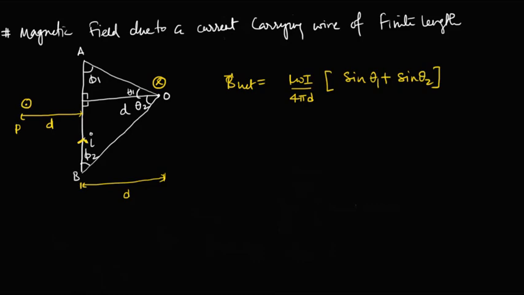Then we have this formula: B net, the net magnetic field because of this wire, is equal to mu naught I upon 4 pi d times sine theta 1 plus sine theta 2. This derivation you can easily find in any of the textbooks at +2 level. So I will focus on using this result of the Biot Savart law application to solve a couple of problems to see how it goes.